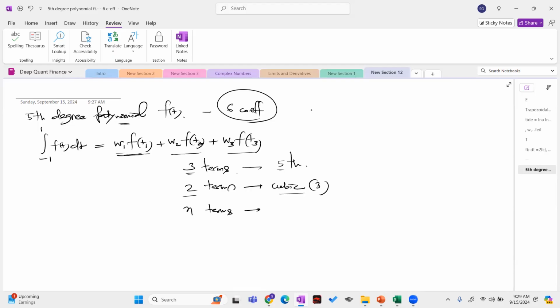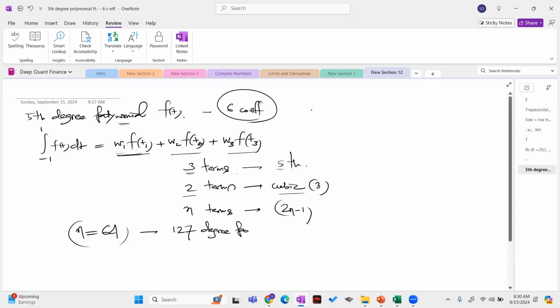With n terms, we can cover till 2n minus 1 degree polynomial integration exactly. Okay. Now, I went online and I found a table that has 64 terms. People have done it and they have evaluated all the weights and the sampling points where you need to sample, what will be the weight for 64 terms. Okay. So this gives me a coverage till 127 degree polynomial, right?